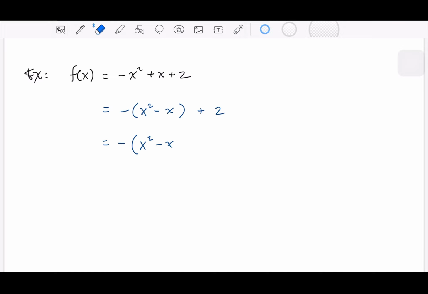So plus 1 over 4, and then plus 2, and then we minus this 1 over 4.